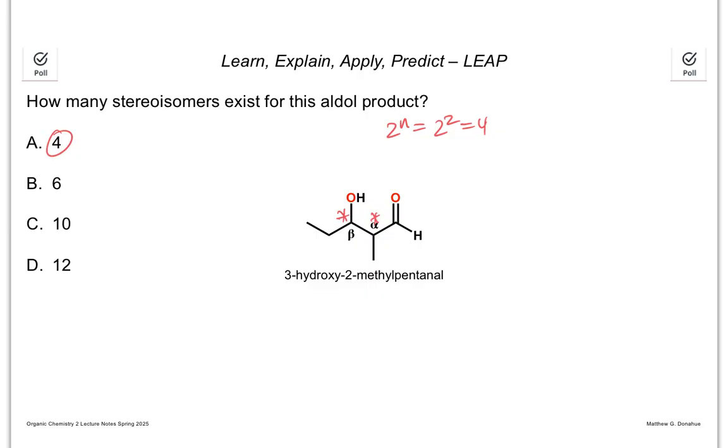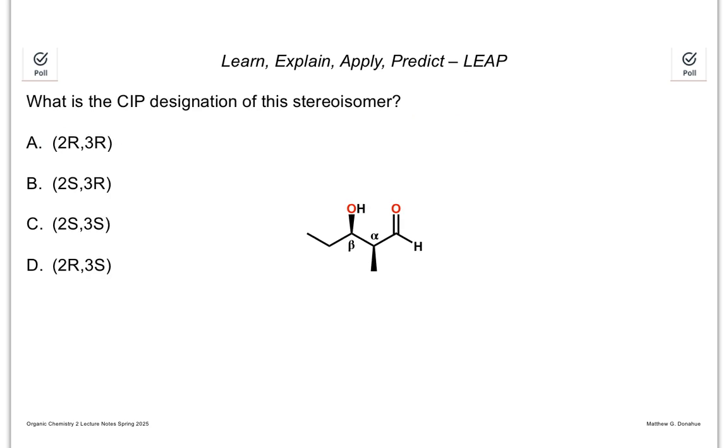And then we'll consider those 4 for the next run of questions here. So in terms of the numbering, this is 1, 2, 3, 4, and 5. And the question is asking you, what is the stereochemical assignment at carbon 2 and 3?